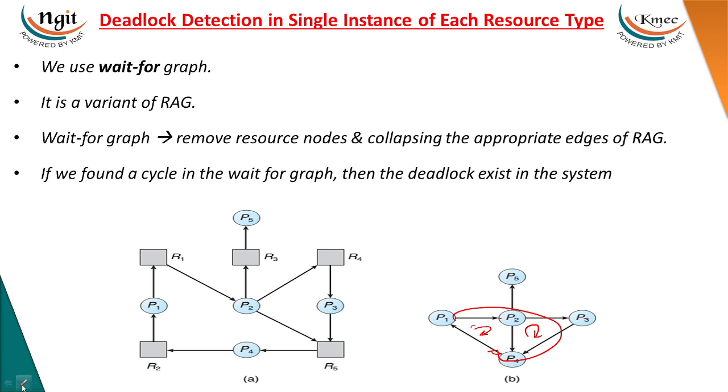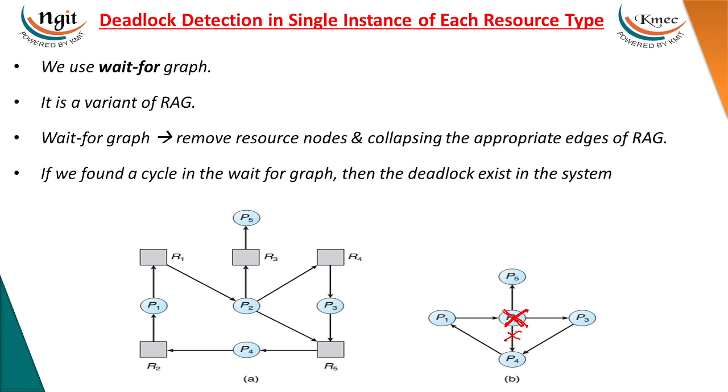Even if you remove this edge, P2 to P4, we can still find a cycle here: P1, P2, P3, P4, and P1. So here we need to remove the process P2 completely. Then we'll still get P1, P3, P4.